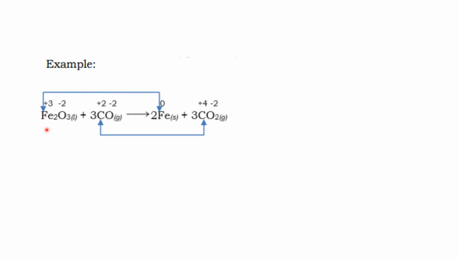Because oxygen is combined here, rule number 4 says that oxygen when combined has an oxidation number of -2. So -2 times 3 oxygen atoms in this compound equals -6. Iron has subscript 2, so what number can you multiply by 2 so that when you add to -6 you will get a net charge of 0? That will be +3. So even if you don't use an algebraic expression, you can mentally determine the oxidation number.